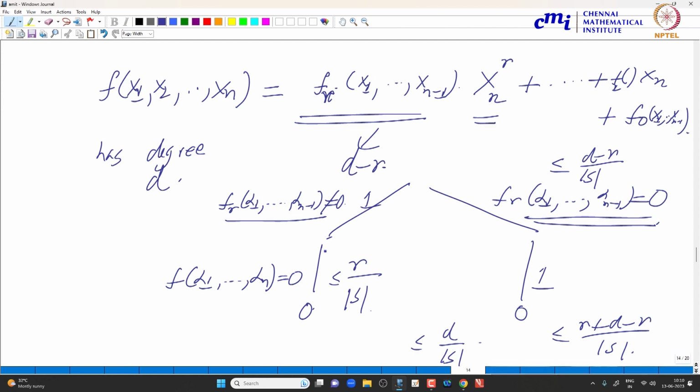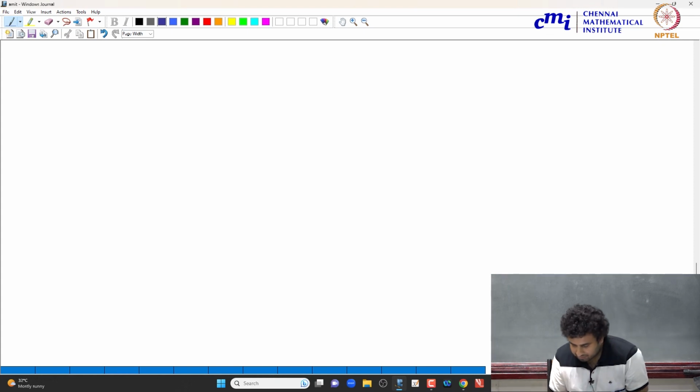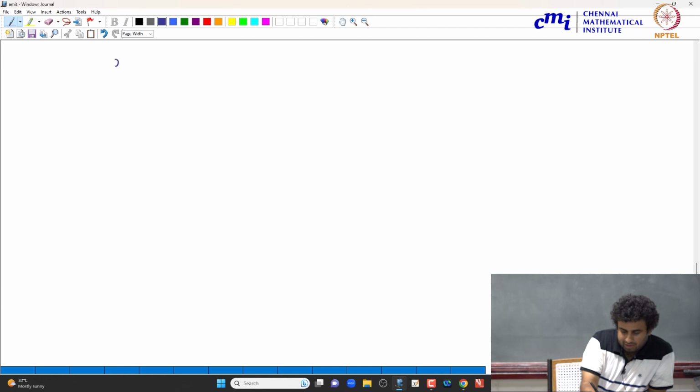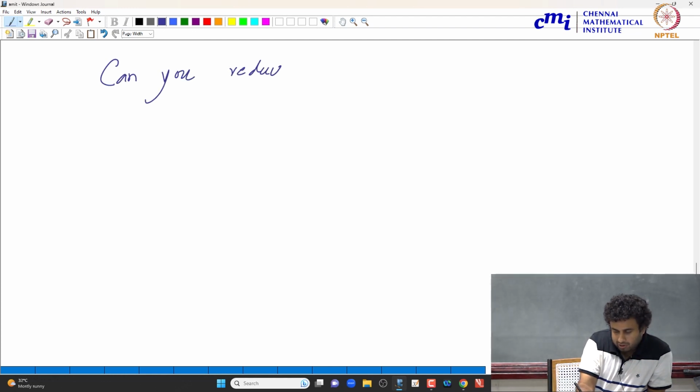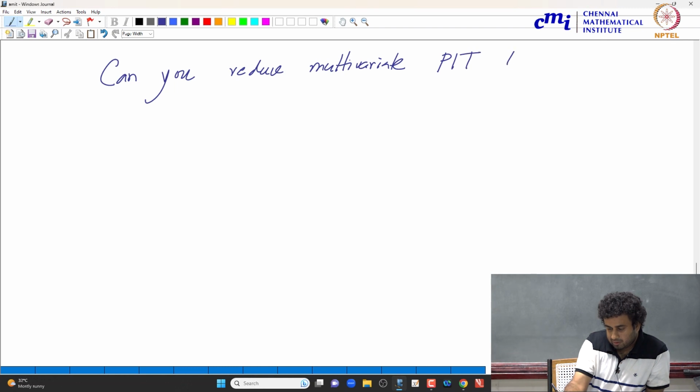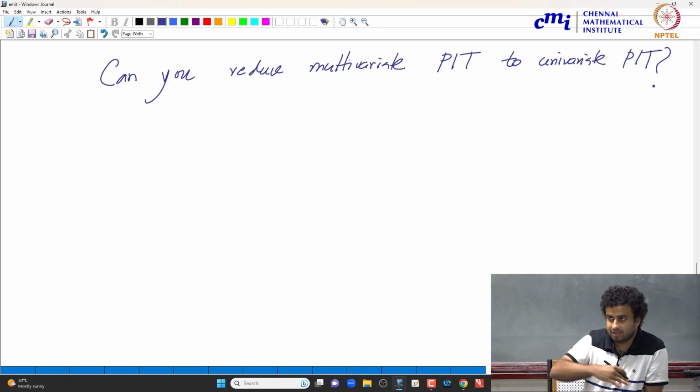Here is another. Can you reduce multivariate PIT to univariate PIT? This is another natural idea you may have thought of, like dimension reduction, from n variables, n dimensions, to one dimension.